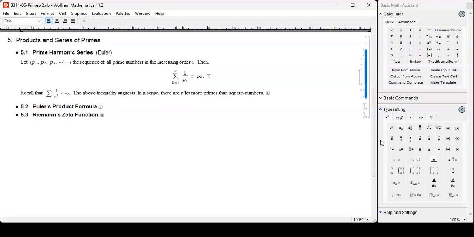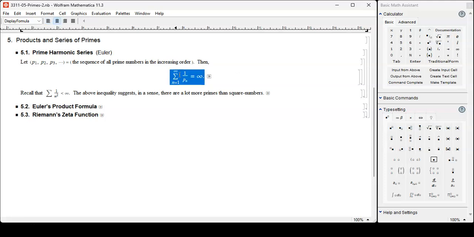Prime harmonic series. It's Euler's theorem. There are many things done by Euler, so if you just look up Euler's theorem in Wikipedia, you won't be able to find it. So you have to type in Euler's prime harmonic series theorem or something like that.